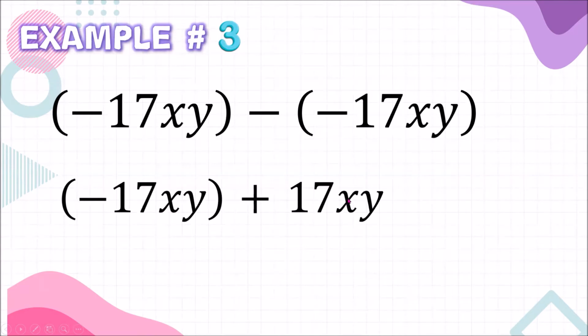So we have here different sign. We need to subtract it. 17 minus 17, we have 0. So we have here 0. So we don't write 0xy. It's simply 0.